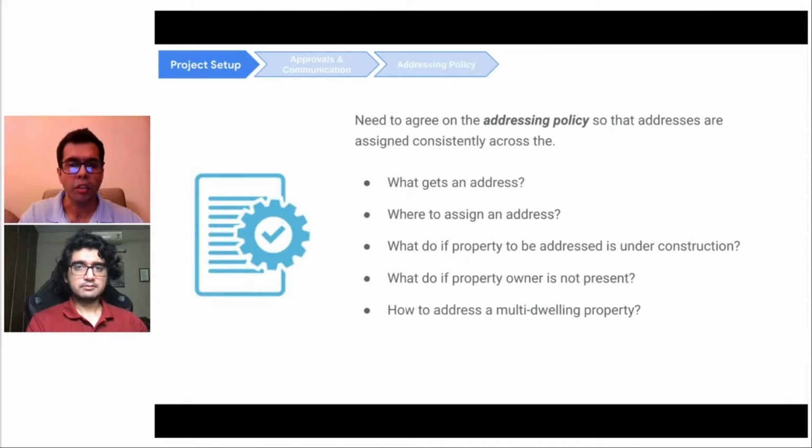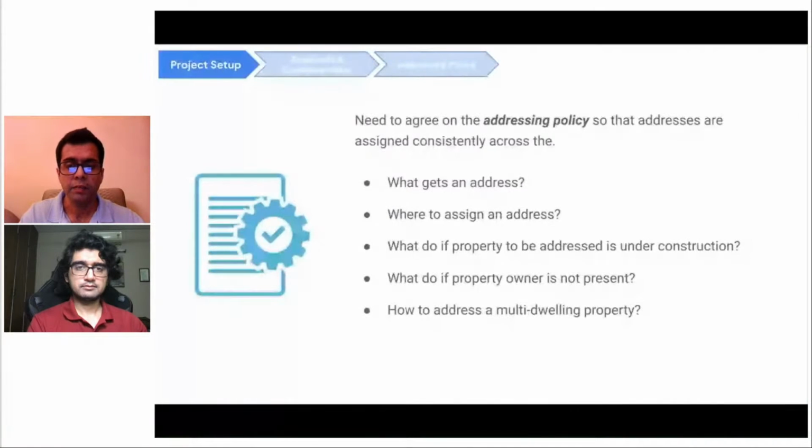Next comes addressing policy. Before the team starts assigning plus code addresses, it's important to agree on the addressing policy. This ensures that addresses are assigned consistently across the project by different people working on it. Policy helps answer key questions upfront, such as what types of properties get an address?